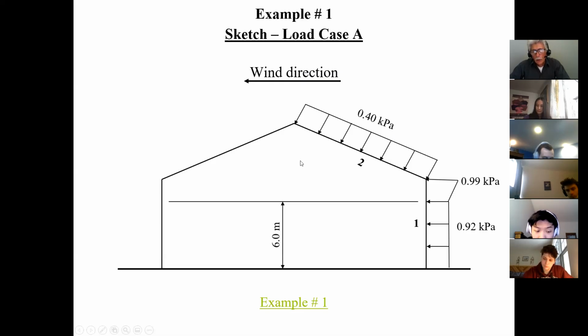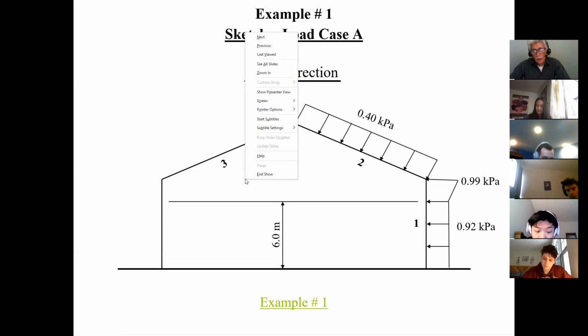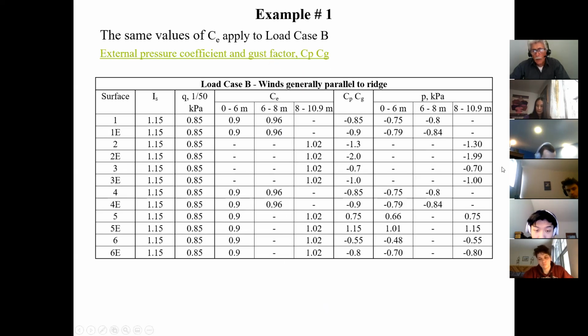Now, when I go to surface number 3, well, look what happens. I go to surface number 3. Oh, I realize that I have a negative value for surface number 3. So here I'm on surface number 3. I have a negative value. Okay. Wait a second.